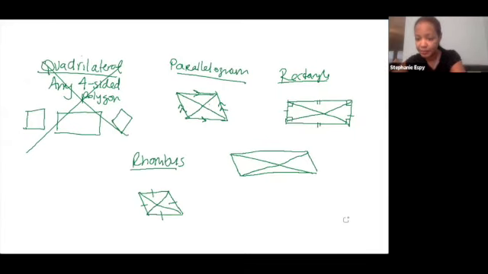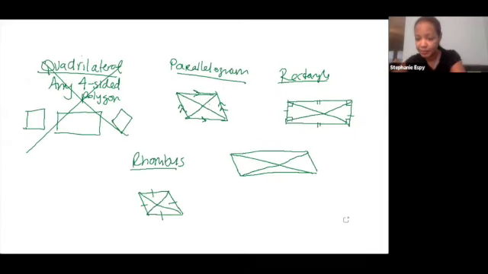Let's see what this is. Oh, it says, in addition, a rhombus has these special properties: 4 congruent sides, diagonals are perpendicular bisectors, and the diagonals are angle bisectors. So those are additional properties of a rhombus.